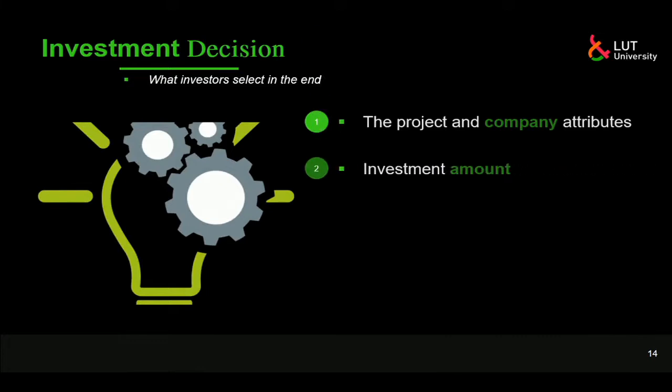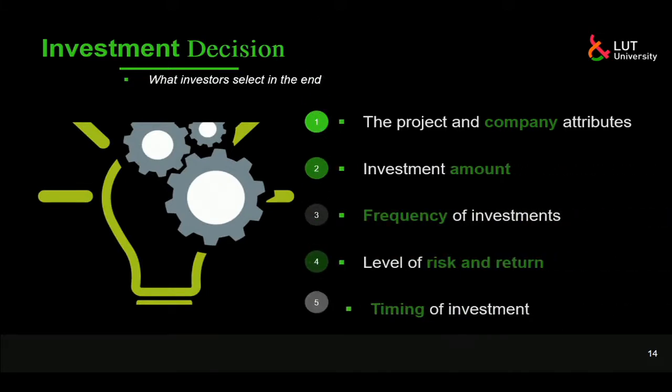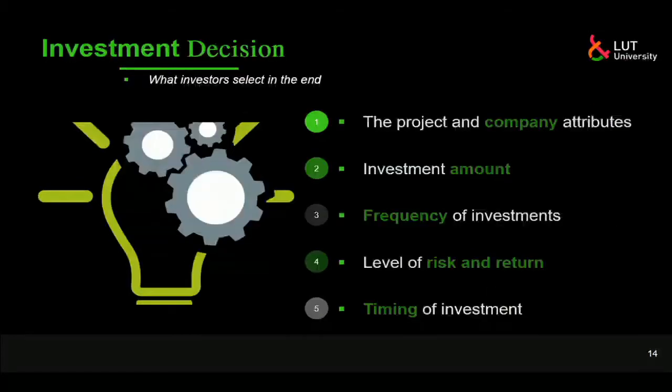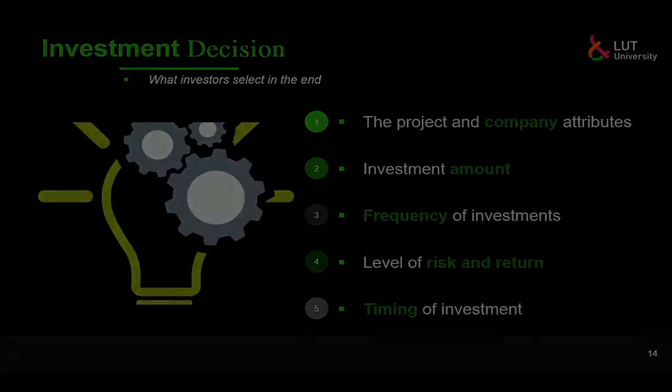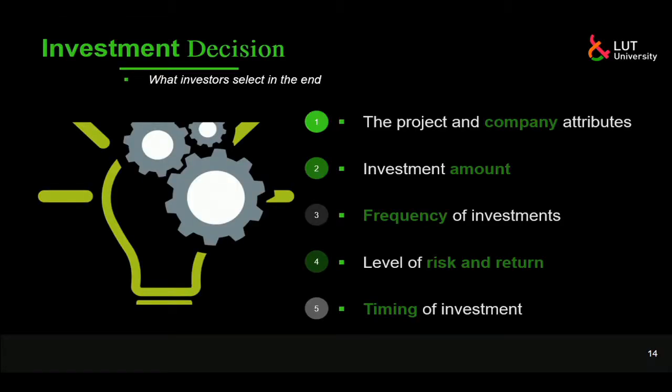And here are the investment decision attributes that investors make in the end: the company and project attributes, investment amount, frequency of investments, level of risk and return, and timing of investments.